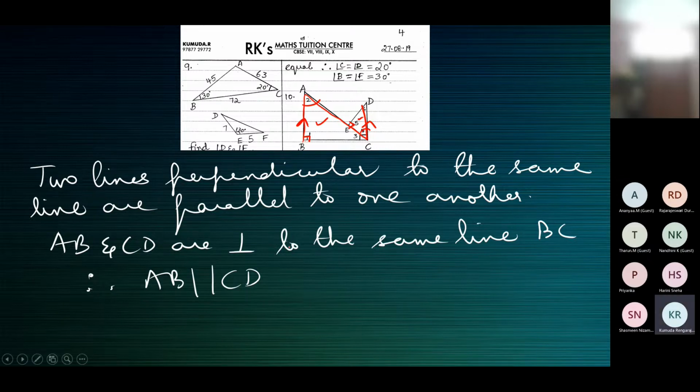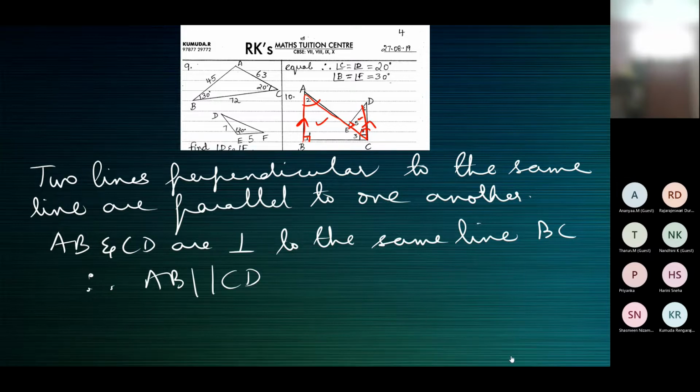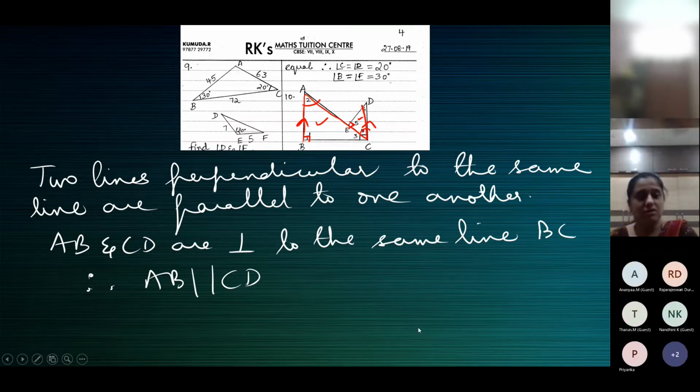Make a note of this, children. I'll tell you the other way. Make a note of this. Two lines perpendicular to the same line are parallel to one another. AB and CD are the two lines perpendicular to the same line BC.